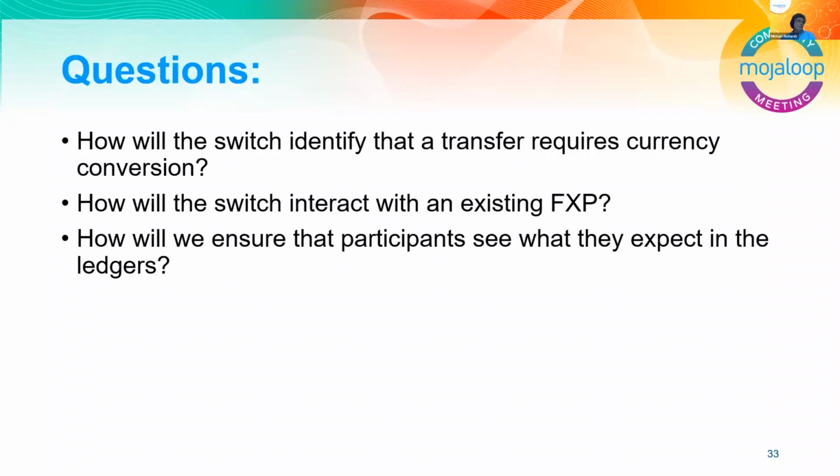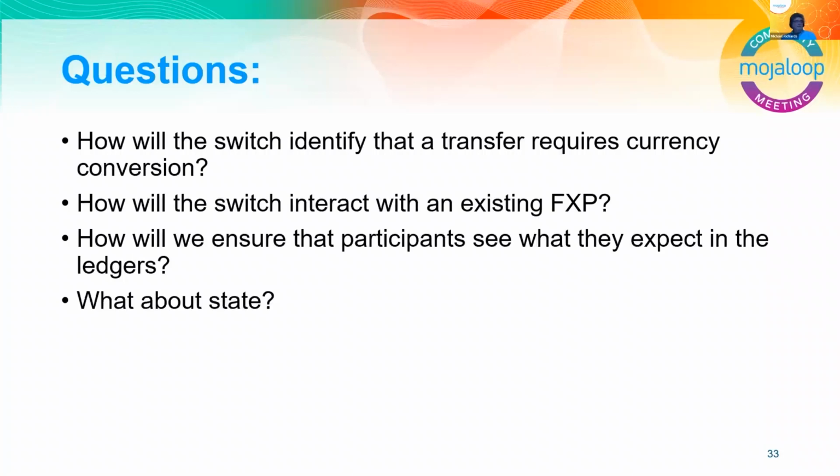I will get on to what happens in the ledgers a bit later on, but in principle, one of the consequences of the newly proposed way of doing foreign exchange is that a participant may have transfers in currencies other than its home currency, with the proviso that those will always net to zero. So they will never be in a situation where they have a liability in the course of settlement in any currency other than their home currency.